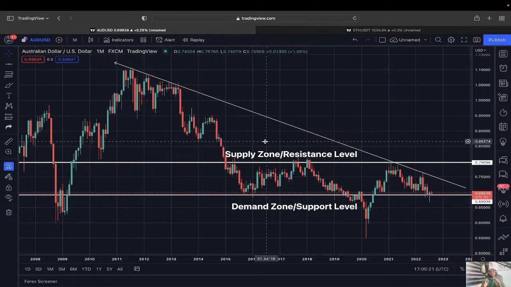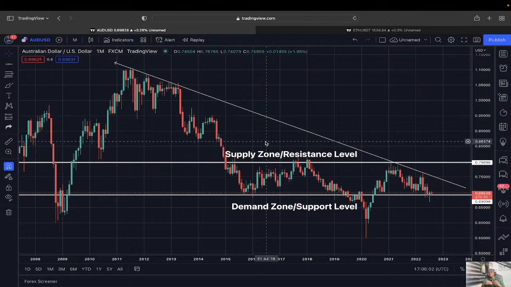Now let's talk about what the supply zone is all about, why the supply zone is important, and what to do at every supply zone. So number one, what is the supply zone? A supply zone is that zone where buyers are now willing to sell off. These are persons who bought when the price was low, and it has gotten to a level where they are willing to sell off.